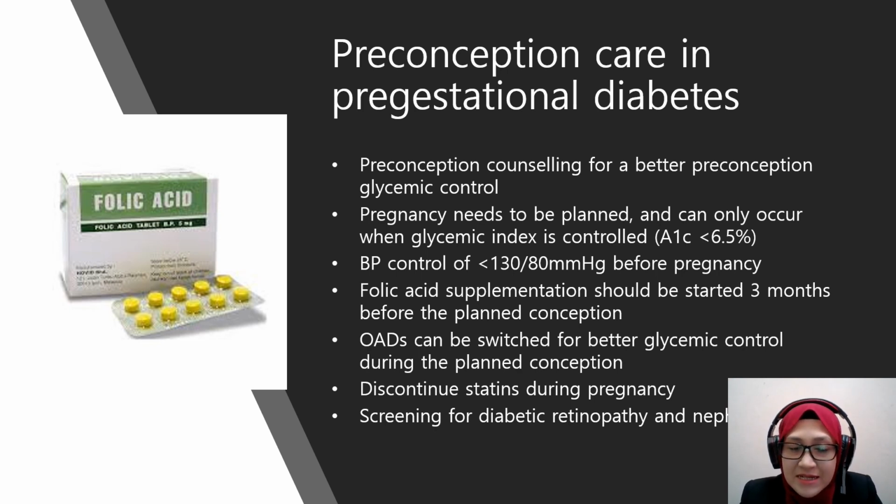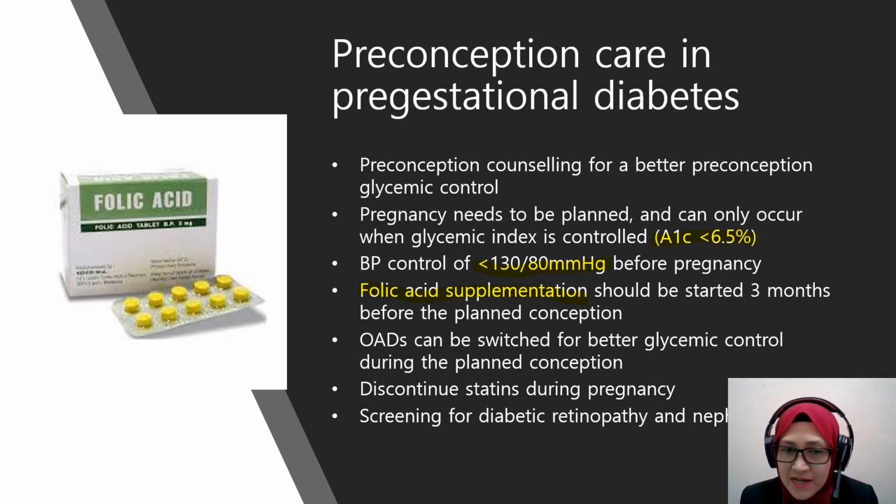So pregnancy needs to be planned, and it can occur only when the glycemic index is controlled. For example, here we use HbA1c, which is less than 6.5, and they also need to have a controlled BP before they plan to get pregnant, and they need to take folic acid supplementation at least 3 months before they plan to have a baby.